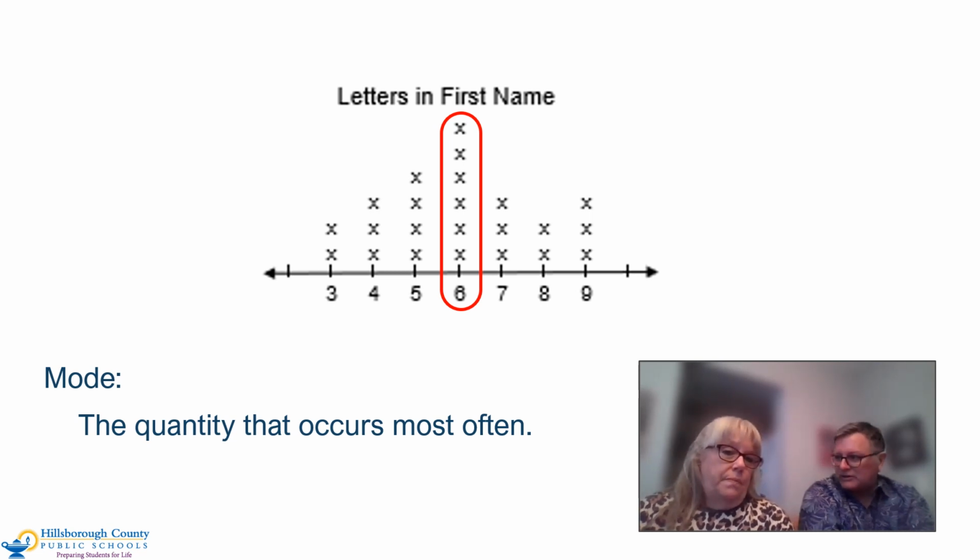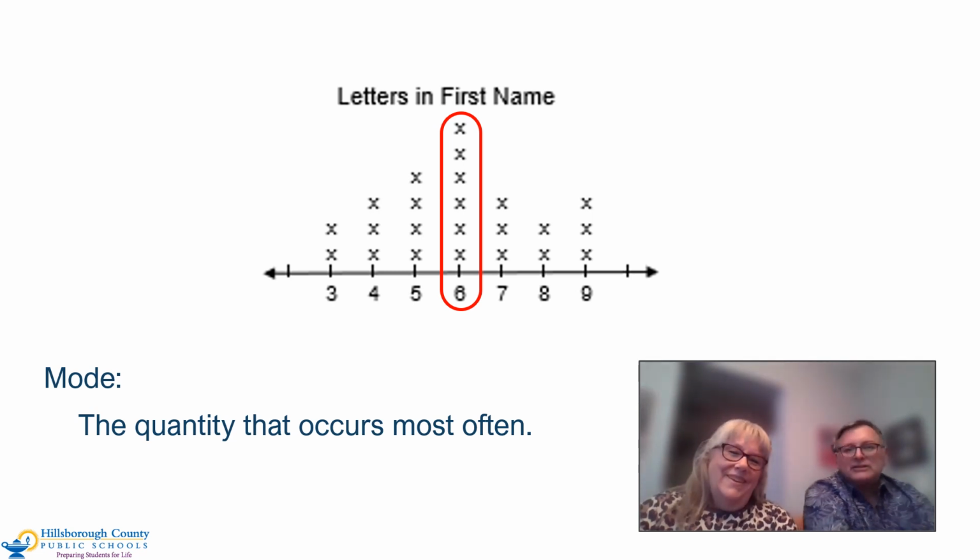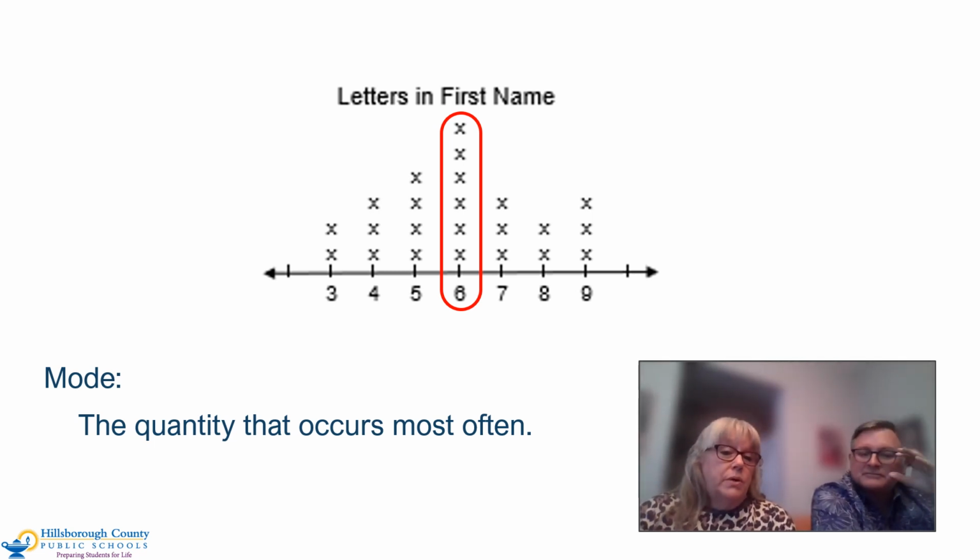Correct. Which is where you want to move students, because they're not going to have snap cubes on an assessment. Right. So this is connecting that. Okay, I've got how many towers of kids that have 6 letters in their name. So right now I can look at that data and I can see that there are more 6s above the 6 than any other. So I know that the mode is still 6.